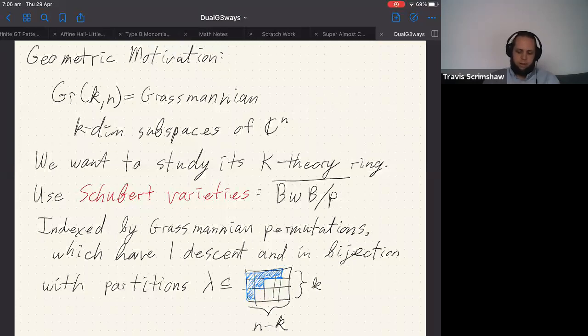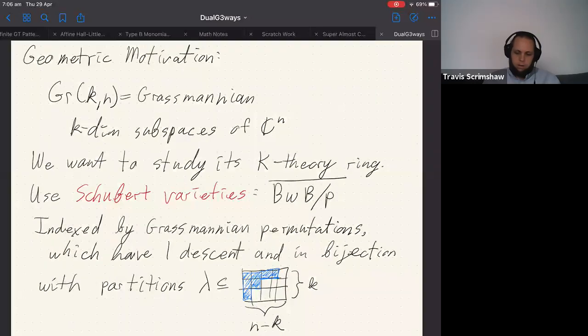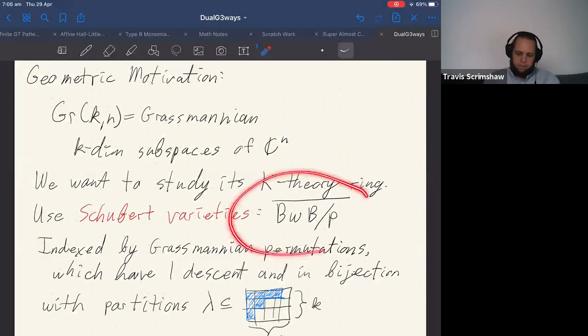So here, I'm going to think of GL_n over C, and B will be the Borel subgroup of upper triangular matrices. In this case, P will be a 2-block parabolic.